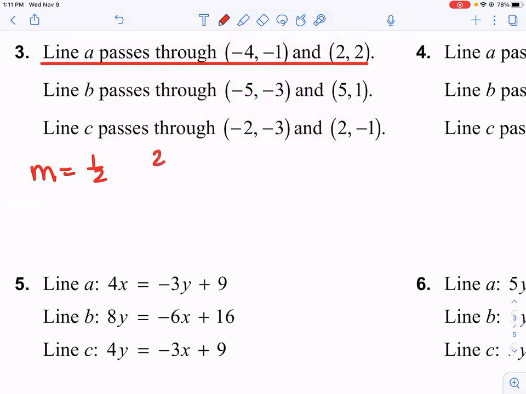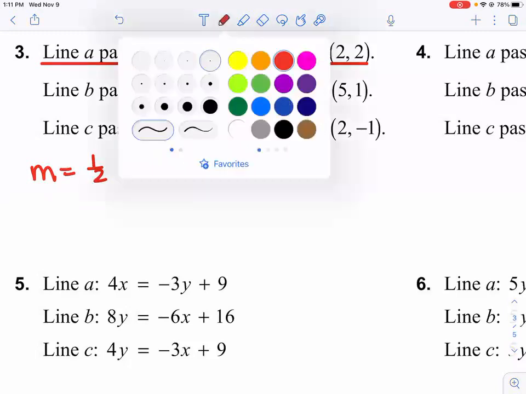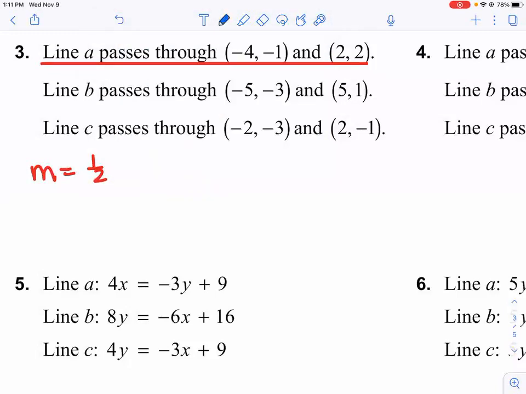So if we take 2 minus -1 over 2 minus -4, we would get 3/6. Okay. Looks like 1/2 to me. Okay. Sophia, did you have a question about that?